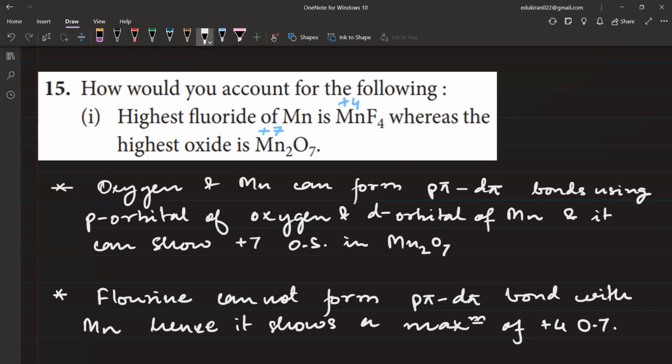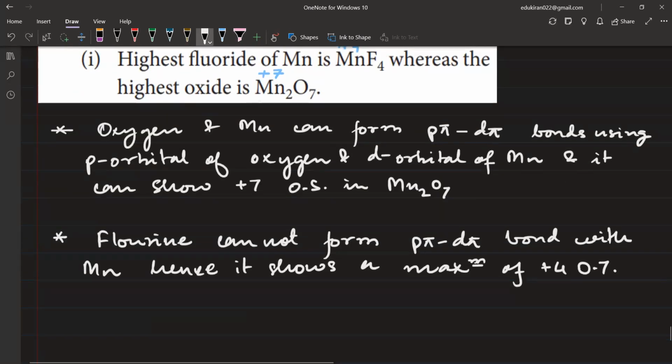So 2 manganese atoms are sharing 7 oxygen atoms. Okay. And oxygen has a valency of -2. That is why each Mn can show an oxidation state of +7. The only reason is that oxygen has a valency of -2.